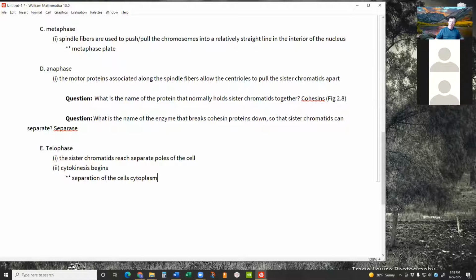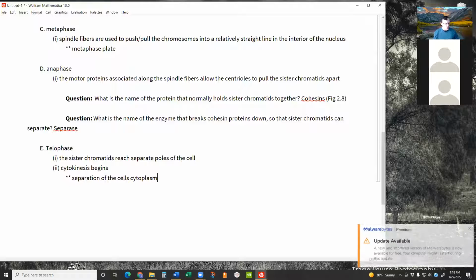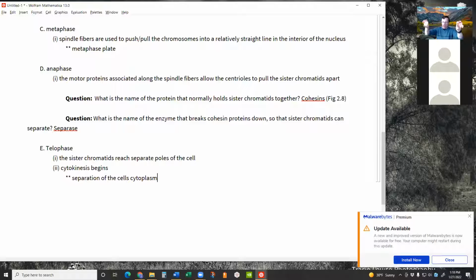But basically, cytokinesis means separation of the cell's cytoplasm. When cytokinesis completes its job, you should have two physically separate cells that are genetically identical.